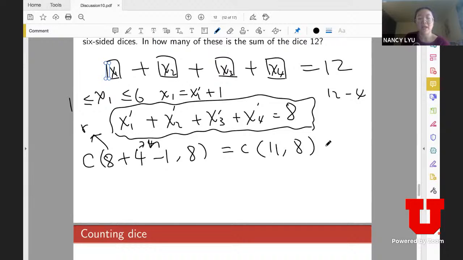But I also want to subtract the cases where your x is greater than or equal to 7. So if your x is greater than or equal to 7, which means your x1 can be 7, or your x2 can be 7, but you cannot have more than one x be 7 because you only have 12 here.